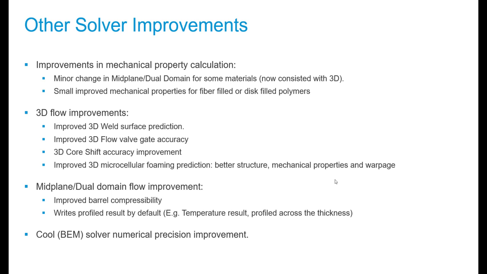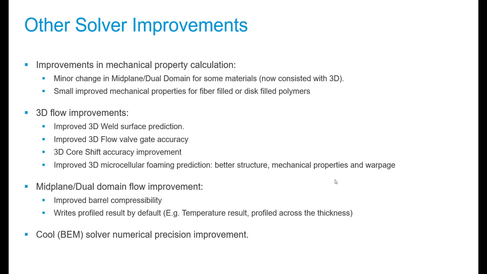There's a whole lot of other smaller solver improvements in place. We made some improvement in the mechanical property calculation in a couple of places. Some minor changes in the midplane and dual domain that we made already before in the 3D solver, but because of time constraints with respect to running Moldflow correlation, we did not do them last year.